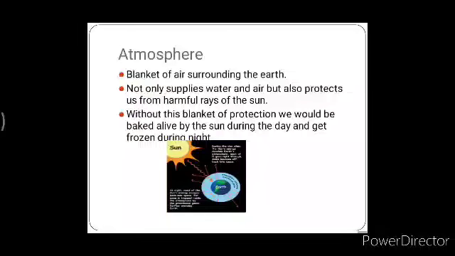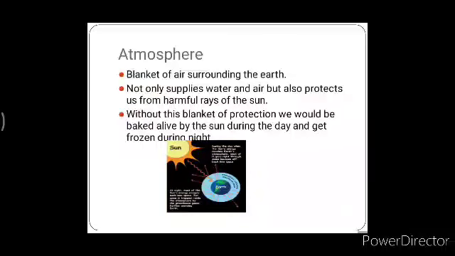Now, without this blanket of protection, we would be baked alive by the sun during day and get frozen during night. I hope you understood what I mean by baked alive by the sun. If the ozone layer was not there, then direct sun rays would cause harm to us. Now I will tell you what I mean by frozen during night.